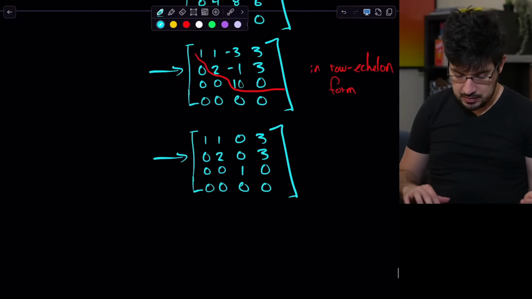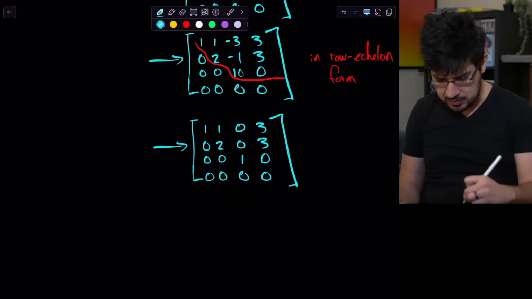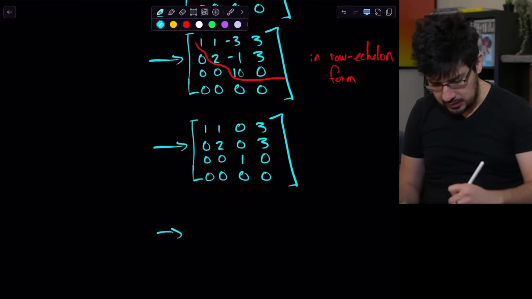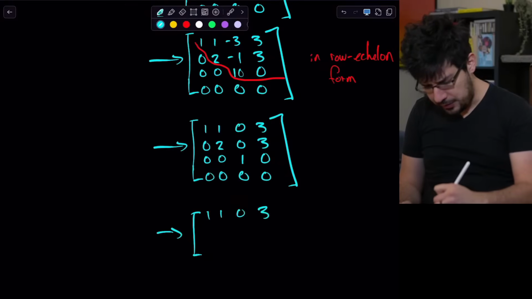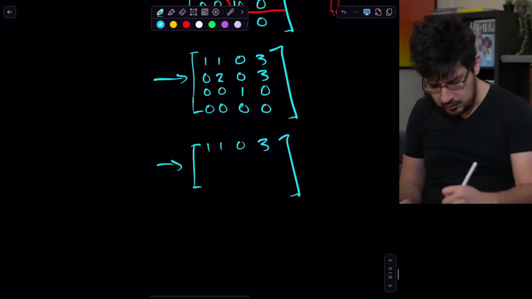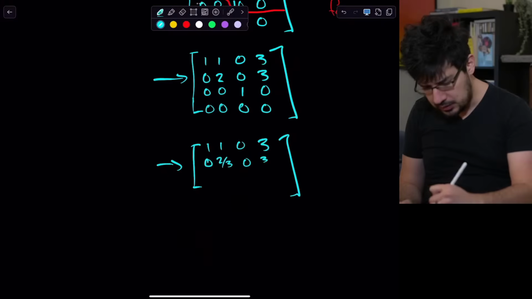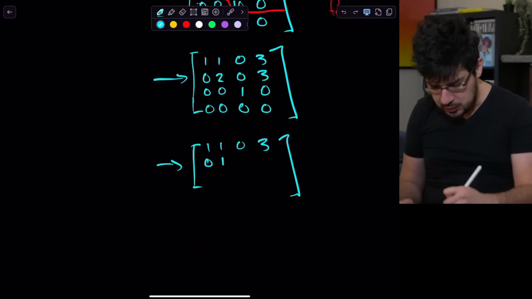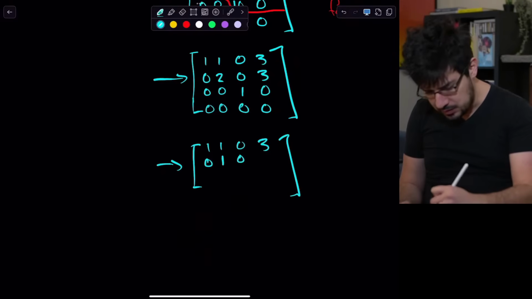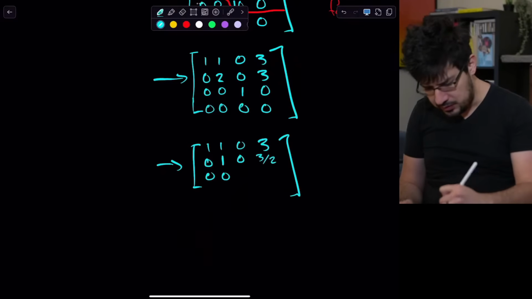And then I think for reduced row echelon form to be unique, we need ones in the pivot spots. Oh wait, what am I doing? Divide the second row by 2, and we get 0, 1, 0, 3 halves. Then we have 0, 0, 1, 0, and 0, 0, 0, 0.